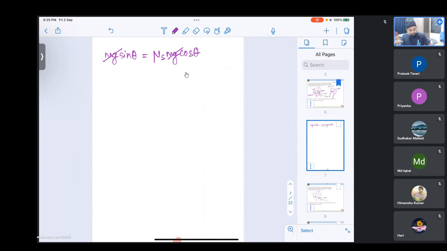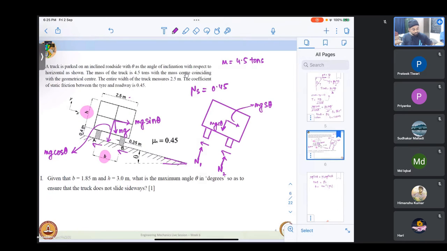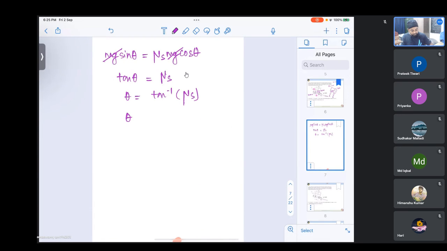So we can see that the safe angle for it not to slide is tan inverse of mu s, and mu s we know is given to be 0.45. For this case let us call this theta. So we get this as tan inverse of 0.45, which comes to 24.23 degrees.